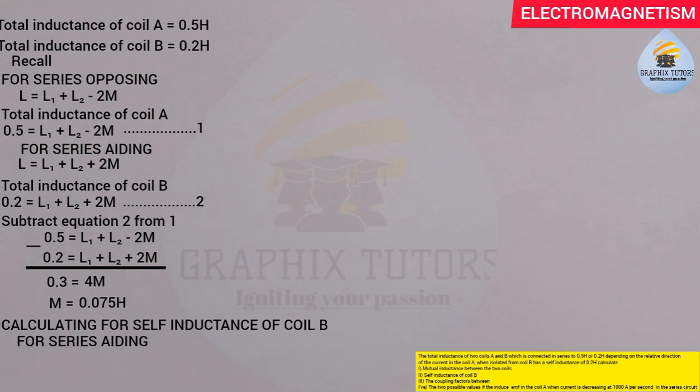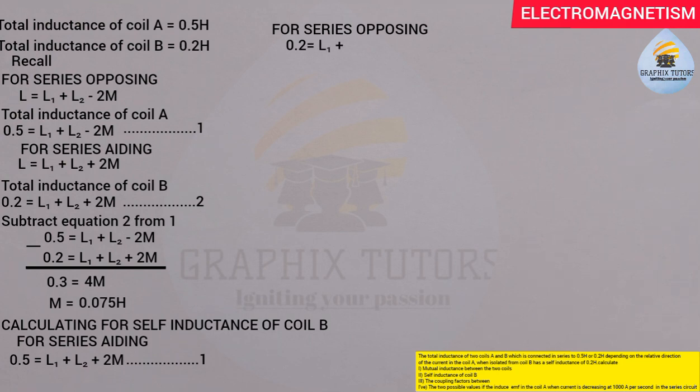And we take it to be 0.5 equals L1 plus L2 plus 2M. That is my equation 1, right? Similarly, we do that for when it is opposing, L is equal to L1 plus L2 minus 2M, right? And we'll take that to be 0.2 equals L1 plus L2 minus 2M.